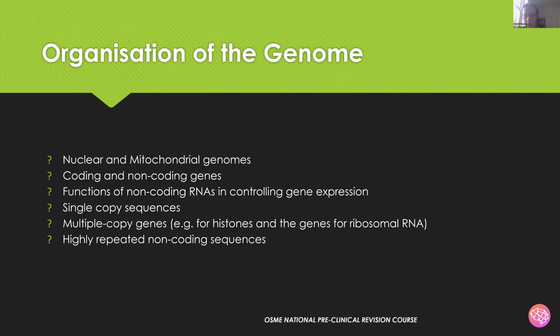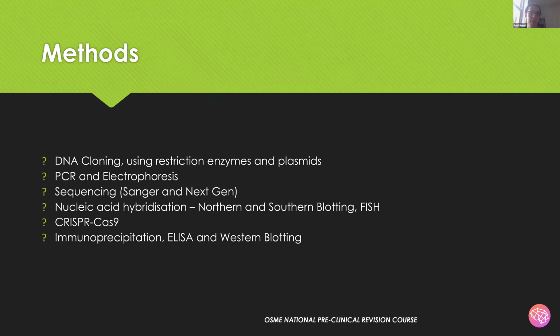So organization of the genome is really straightforward, plenty of notes there. And then the last bit that will be talked about is these methods. That's looking at DNA cloning using restriction enzymes and plasmids, PCR and the various PCR methods that you need to know about, sequencing, including Sanger sequencing and next-gen, and then our nucleic acid methods, so northern blotting for RNA, southern blotting for DNA, and fluorescent in situ hybridization, CRISPR-Cas9, and then our antibody-based techniques.